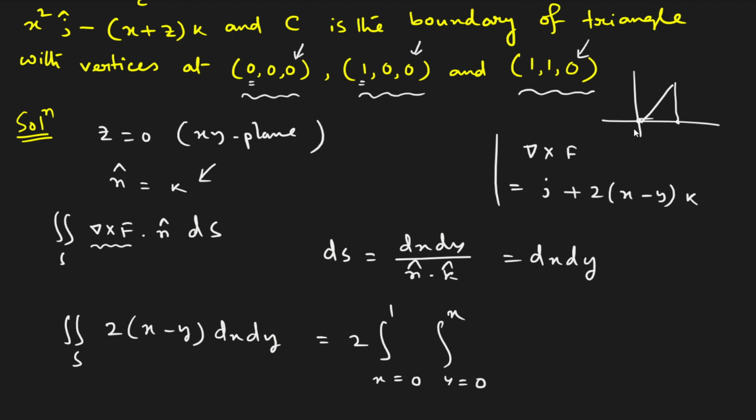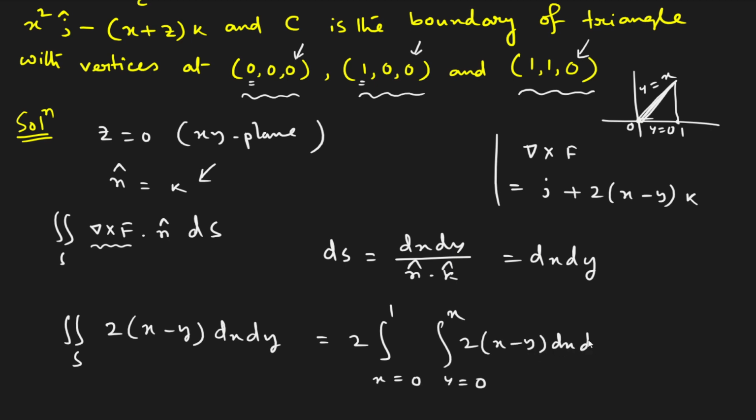The limit of x is 0 to 1. For y, this is a straight line passing through the origin, so its equation is y equal to x. Here y equals 0 is the lower limit and the upper curve is y equal to x. That's why the limit of y is 0 to x, and then 2 into x minus y dx dy.